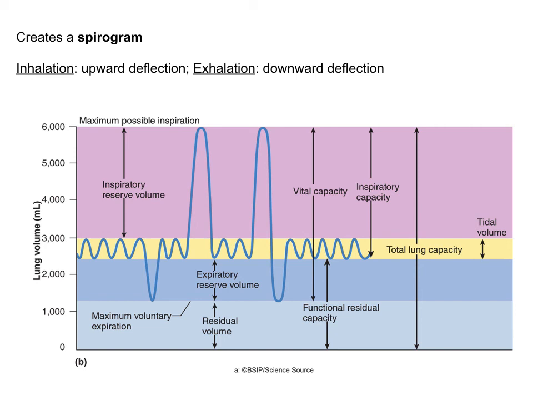An upward deflection indicates that you have inhaled. A downward deflection indicates that you have exhaled. The degree of deflection indicates the volume of air that you're moving. So a small deflection means that you've moved a smaller air volume. A larger deflection means that you've moved a larger air volume.